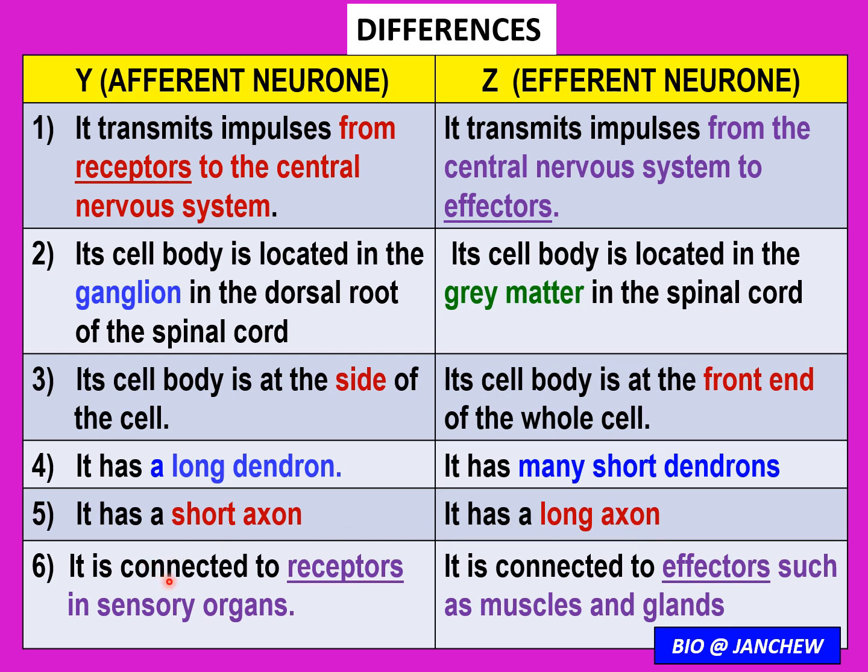So Y is connected to receptors in the sensory organs, so it will be able to transmit impulses from receptors to the central nervous system. That's the function of Y. But Z is connected to effectors such as muscles and glands.